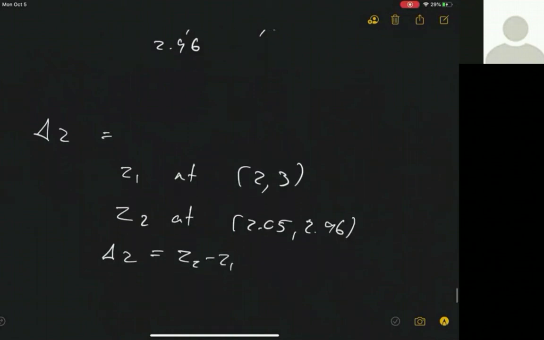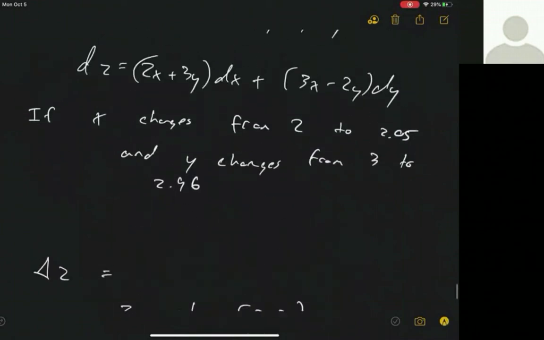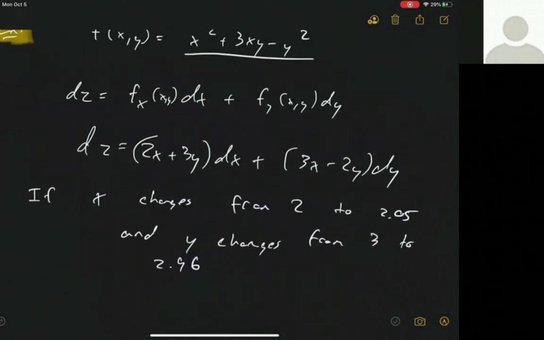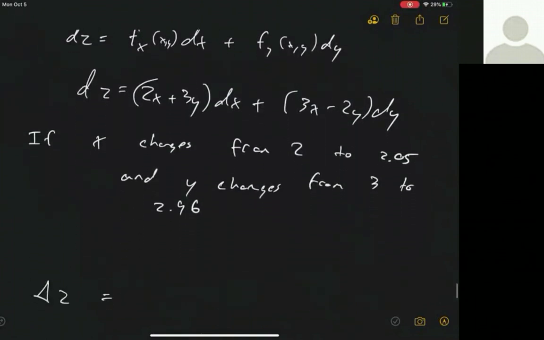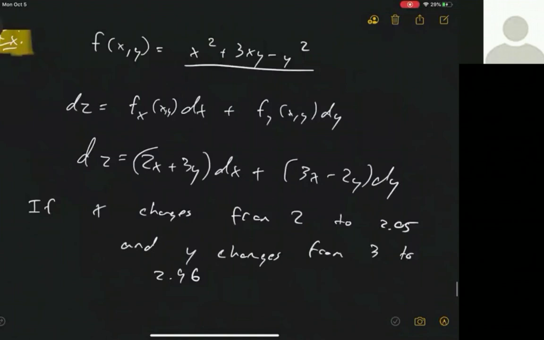So we get to find exactly what that change in z is. But this differential gives us an approximation to our change in z, and that's going to be a lot easier to find. Okay, so how do I find this dz?